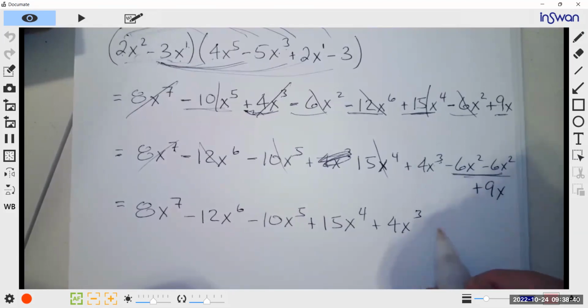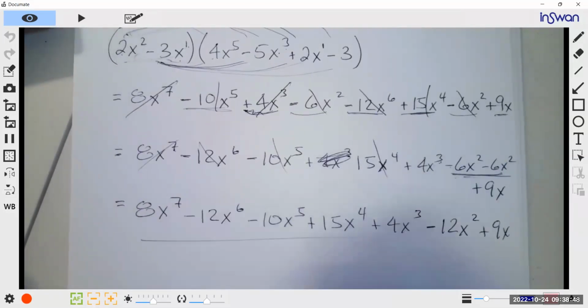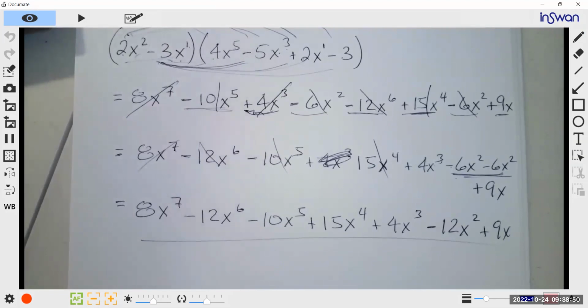The x squareds, there's two of them. They're both negative, so it's negative. 6 plus 6 is 12. And then plus 9x. And there's your answer. So again, it doesn't matter how big or how small it is. You can get the same answer no matter how you look at it.